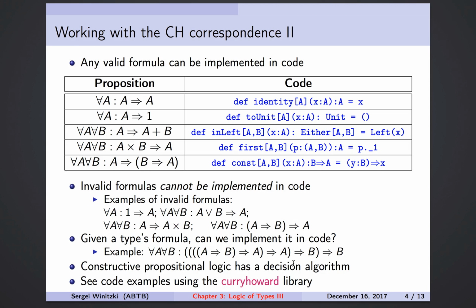So, what can we get out of this correspondence? I would like to show you several very useful things that we get once we realize that the correspondence exists between types and propositions, and also a correspondence exists between proofs of propositions and program expressions, actual code.